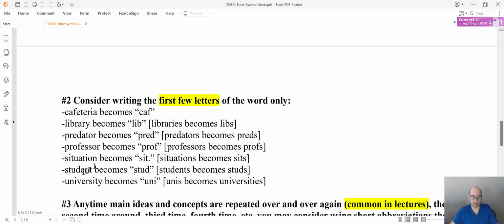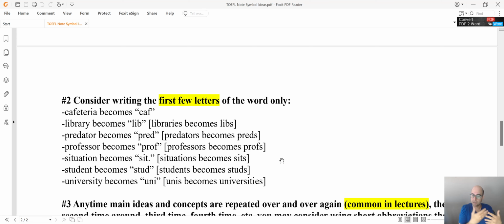So professor becomes prof. Now this is one situation you want to be a little bit cautious with. Be a little bit vigilant here. So if you're using a really advanced word like this, you could use sit. This is something like natives like me, we're kind of comfortable using. But you want to make sure that during the exam, especially when it comes to TOEFL speaking integrated tasks like task 2, the campus situation, or task 3, the short lecture, and task 4, the long lecture, when you're taking these notes, you want to be able to remember them, recall what they represent.